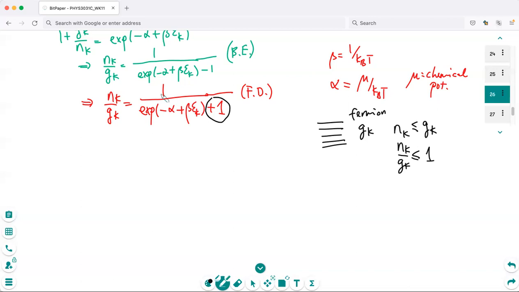Understand? Now you need to be very careful about these two numbers here. Plus 1 and minus 1 tell you a completely different world. So if you want some way to remember, this is one way.